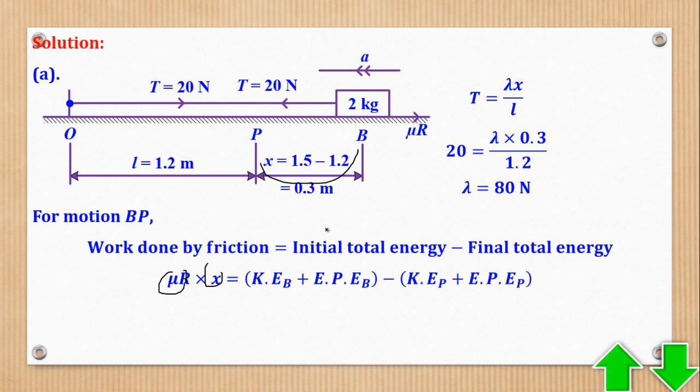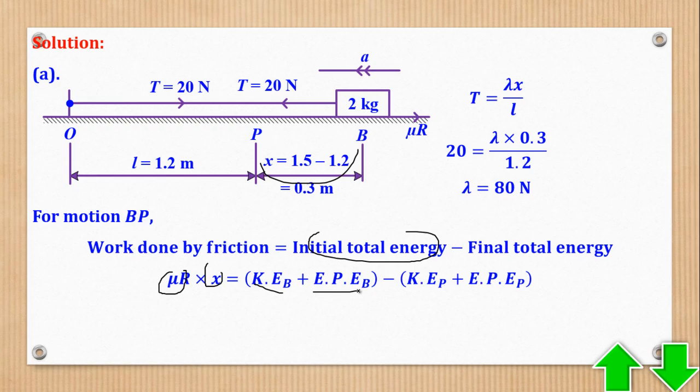It is equal to initial total energy, which is KE plus elastic potential energy. Ideally, there should be three: kinetic energy, potential energy, and elastic potential energy. But potential energy comes into play when it is vertical motion.